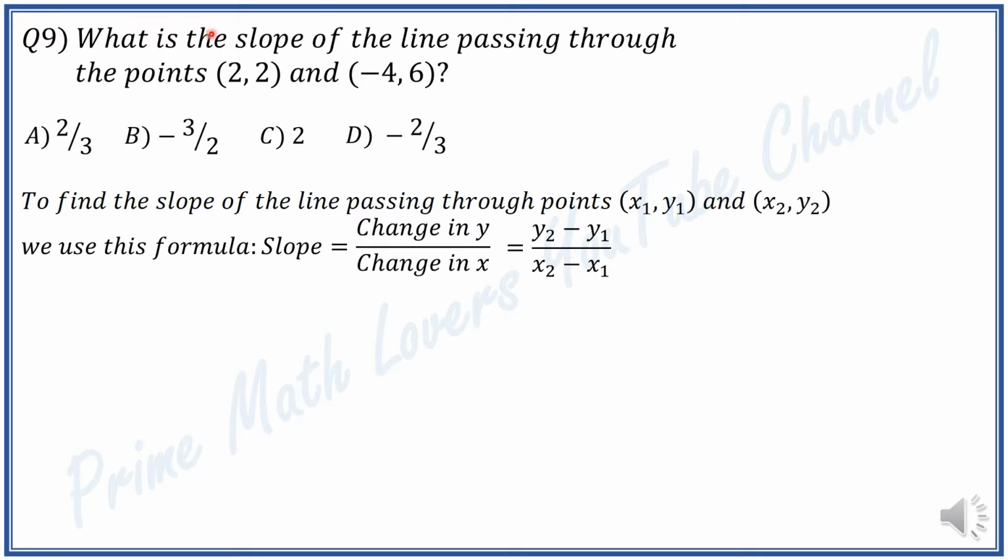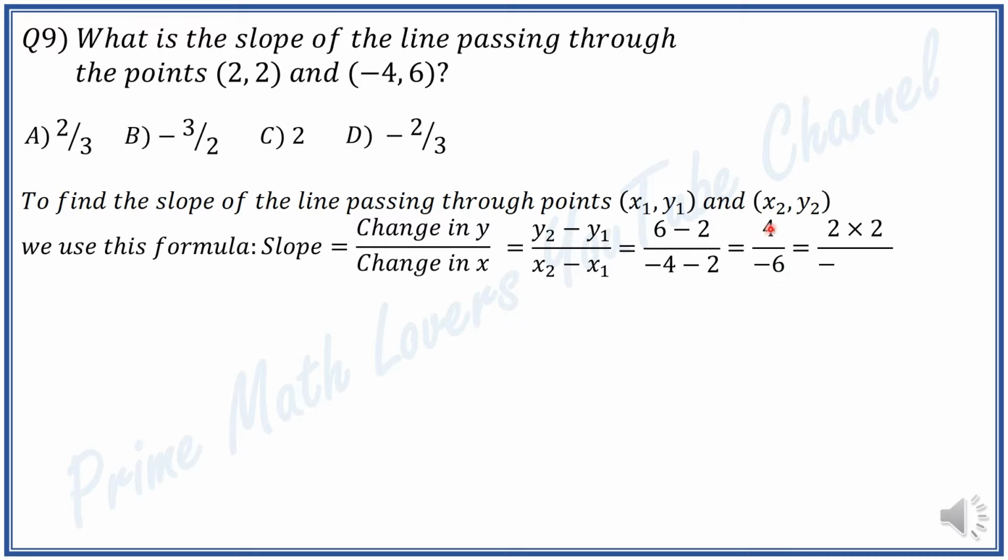In our question, y2 is 6, y1 is 2, x2 is negative 4, and x1 is positive 2. So slope will be equal to 6 minus 2 over minus 4 minus 2. 6 minus 2 will be 4, and minus 4 minus 2 will be minus 6.